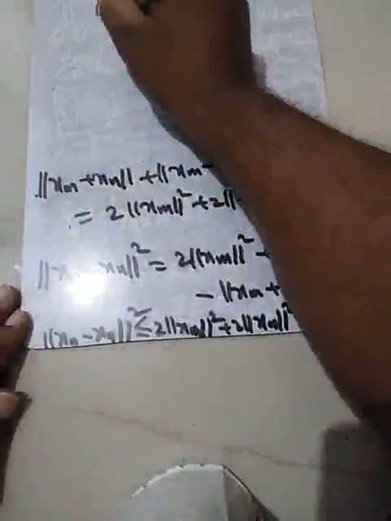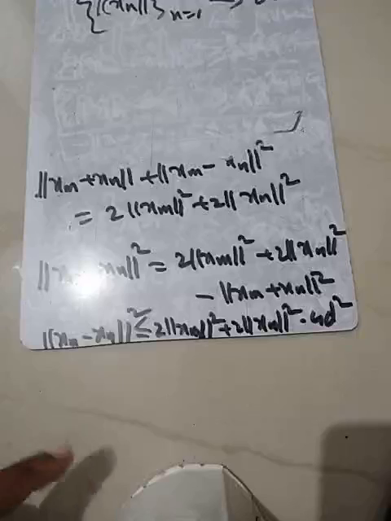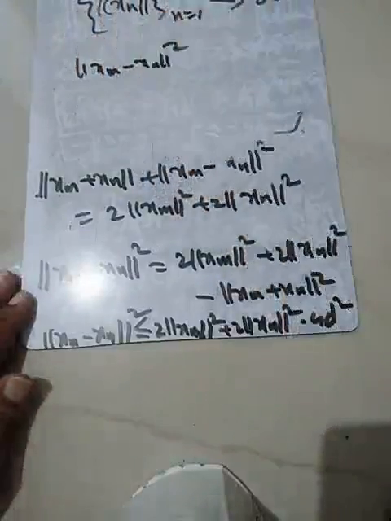But xn, what do we have? Xn is the sequence and norm of xn is converging. So given epsilon, there exists a stage. This is a sequence going from 1 to infinity, and it converges to D. So as n tends to infinity, this goes to D, this goes to D. In other words, norm of xm minus xn whole square, what would happen?